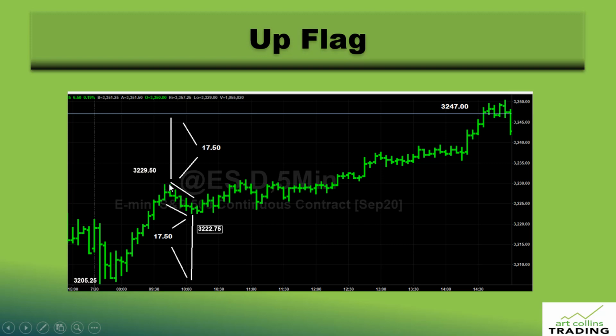That's where you'd want to buy, as soon as the high is taken out. By that time, you would know what this distance is, in this case 17.5 points, and you would add it to the high, giving you a projection of 32.47, which, as you can see, before the end of the day, we would have gotten our fill.